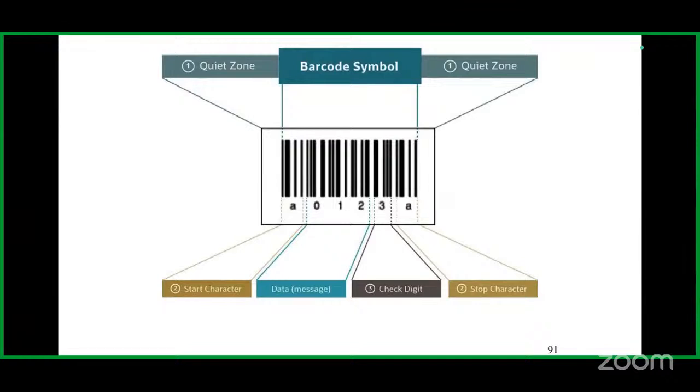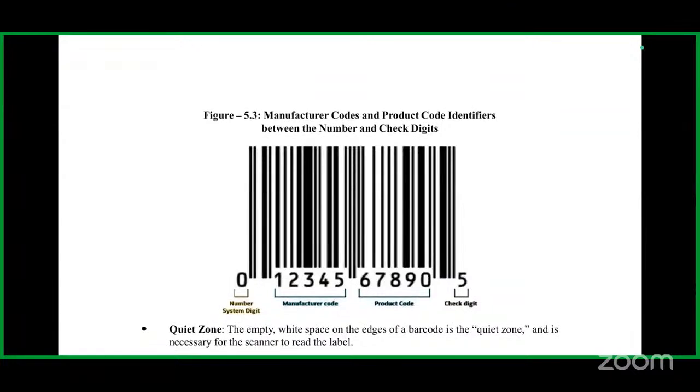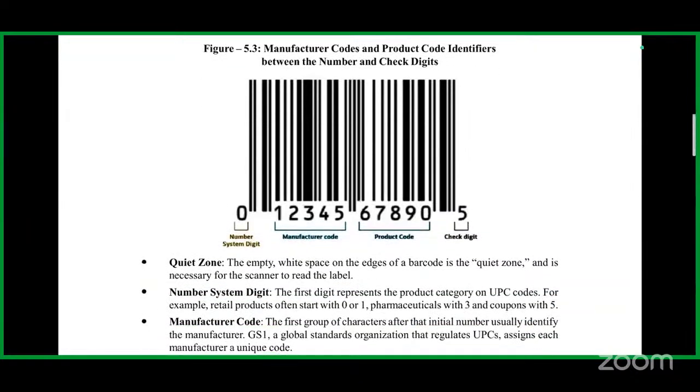The last one is again a stop character, start character and stop character, and in the middle we have the data message and also the check digit. Manufacturer codes and product code identifiers are between the number system digit and the check digit. The first one is the number system digit, and the next ones are the manufacturer code, product code, and check digit. And we said quiet zone. Quiet zone means it's an empty space, white space on the edges.